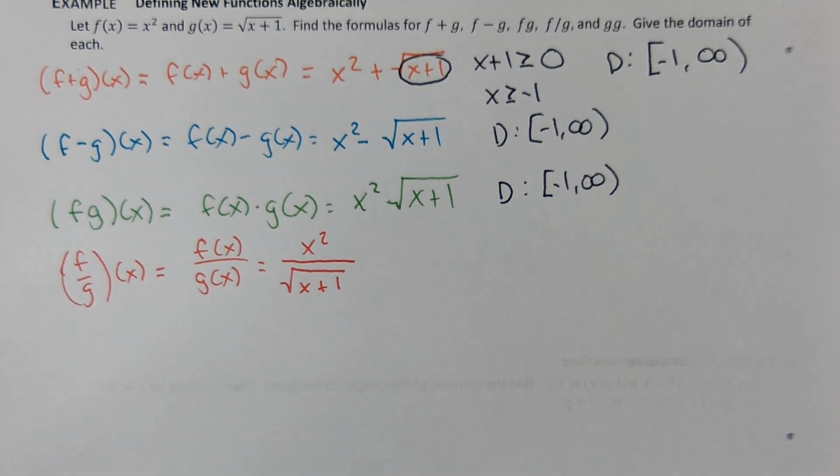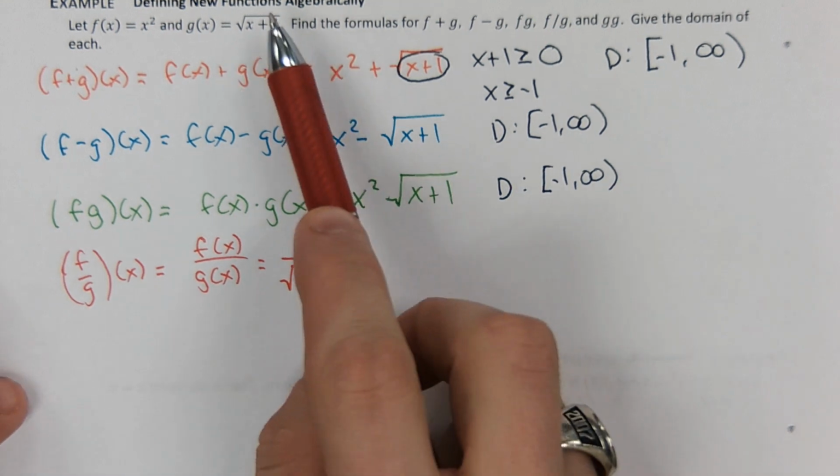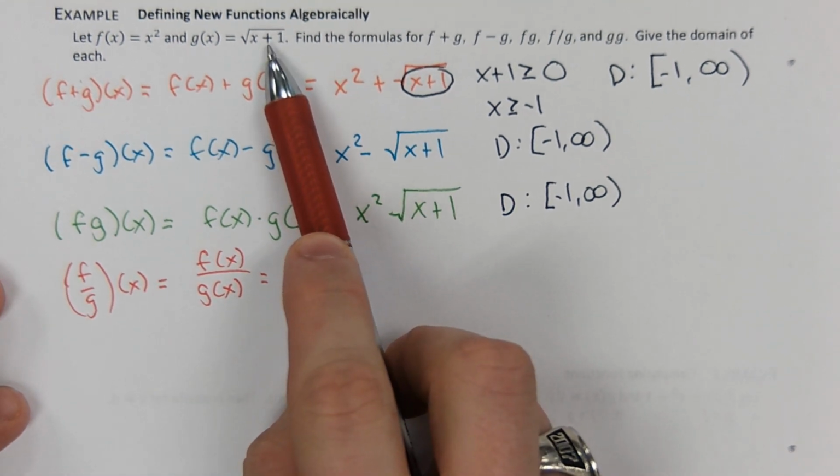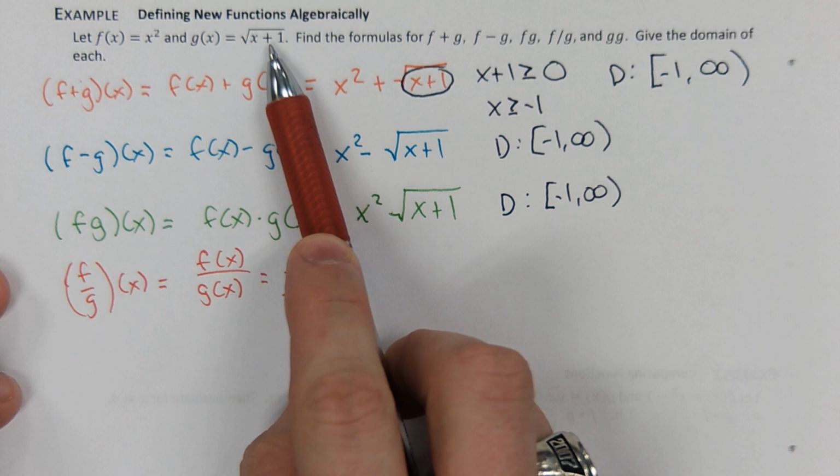But I've introduced a new restriction because this is a fraction. And what's the only rule about fractions, Daniel? The denominator can't be 0. You see, g of x doesn't care if x plus 1 is 0.